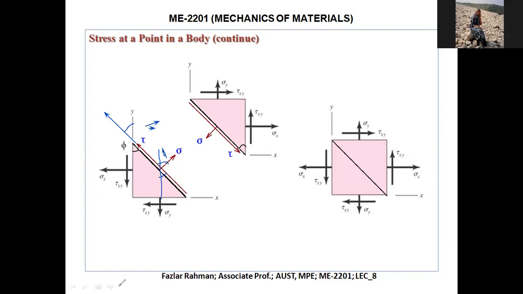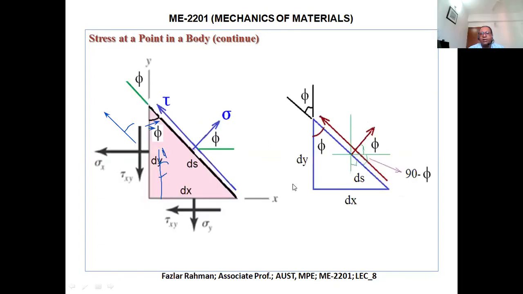Now, let's see how we can do it. Right over here, I just put some angle. We know this is phi, so this will be phi and this will be phi. You see right over here how we figure it out. This is phi, then this angle will be phi, right? And what is this angle? 90.